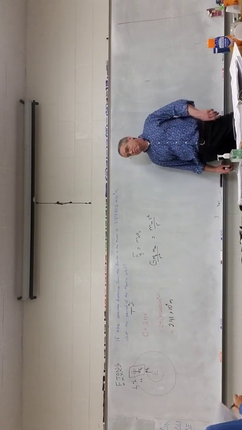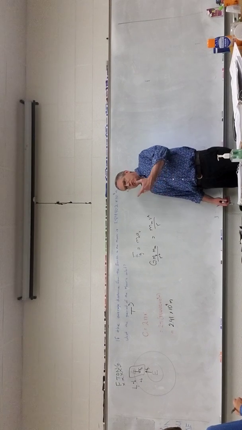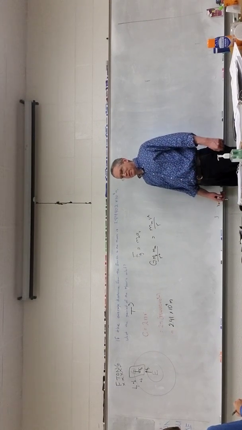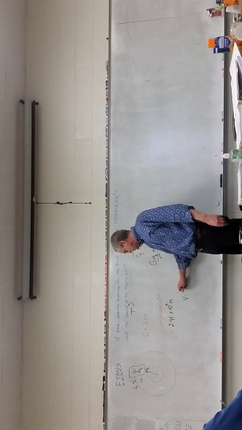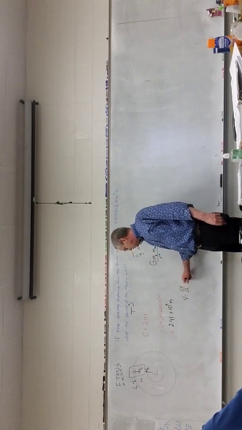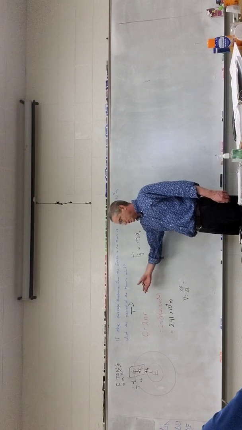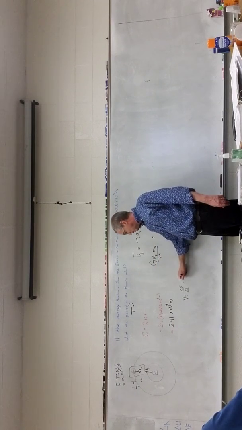Or speed, actually. What does speed have to do with period? Speed is change in distance over change in time. The distance is the circumference, and the time is the period.